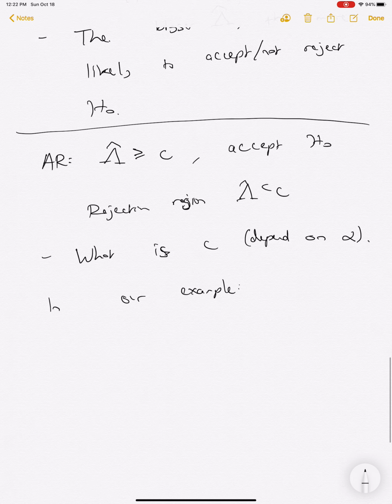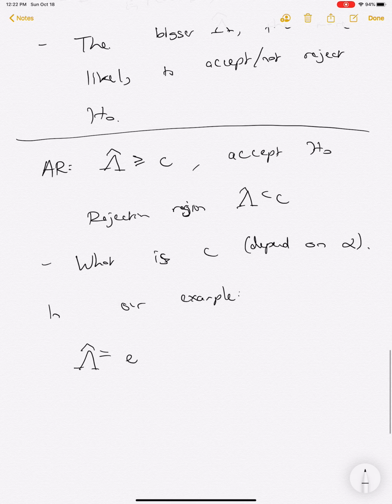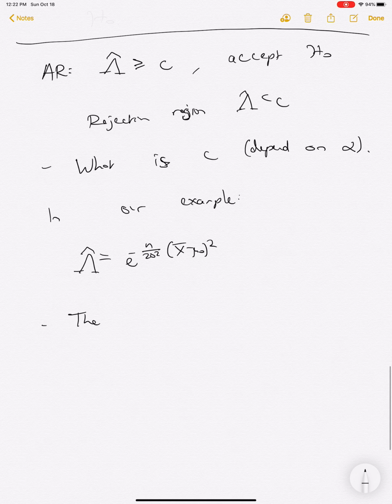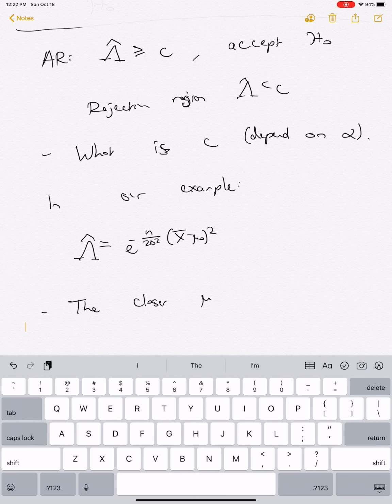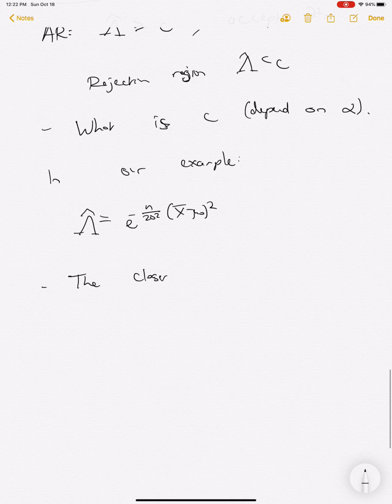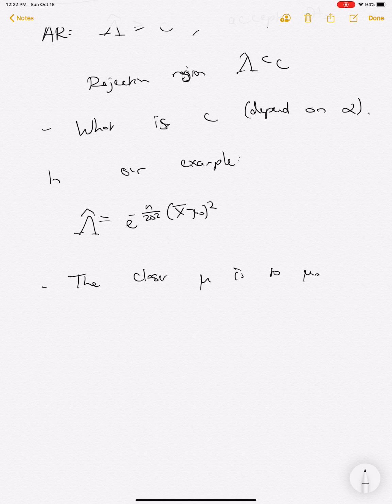So in our example, you can see that the closer mu is to mu 0, the larger this GLRT statistic is.